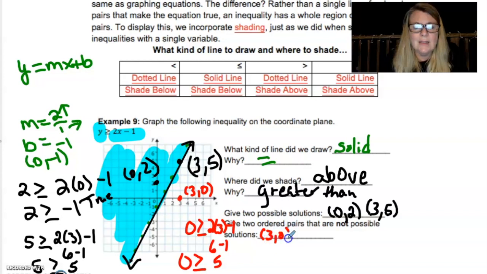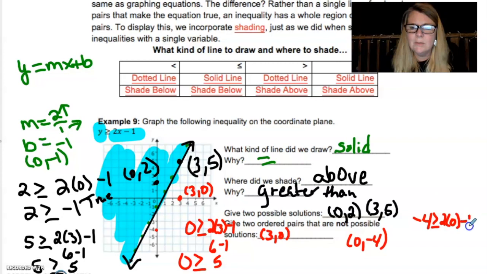We could choose anything in that white area. It would not be a solution. Let's choose this one. Let's go down here to 0, negative 4. The point 0, negative 4. Let's test it. So the y is negative 4. The x is 0. So we have 2 times 0.